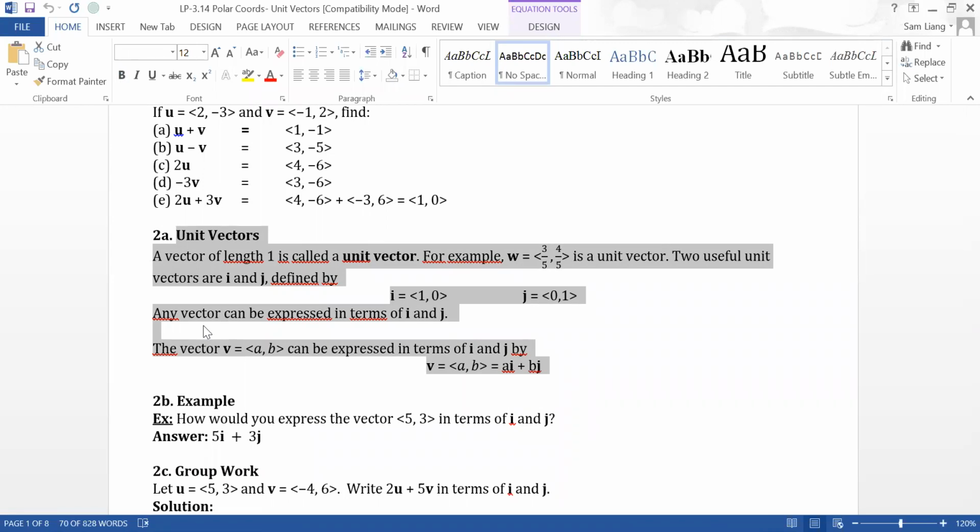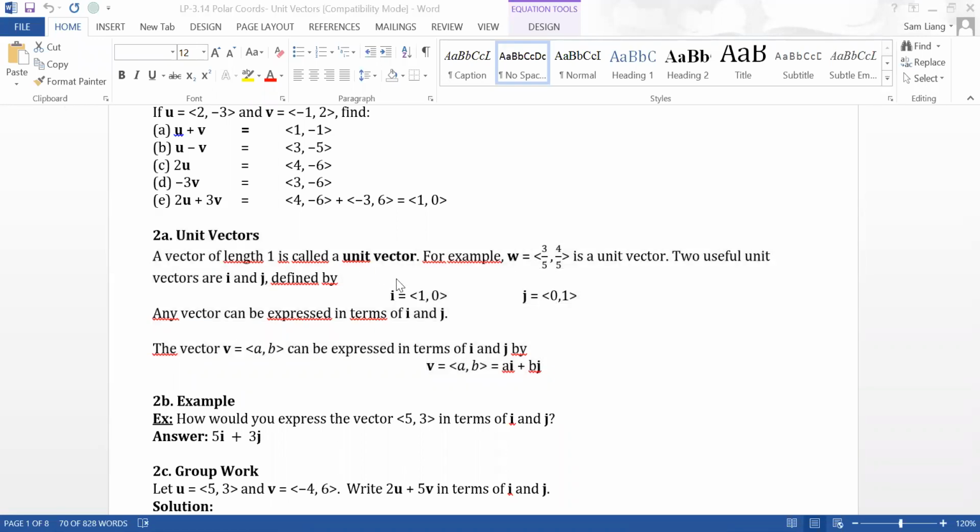Two useful unit vectors are i and j, defined by i = 1, 0 and j = 0, 1. Any vector can be expressed in terms of i and j. The vector v = a, b can be expressed in terms of i and j by v = a, b equals ai plus bj. Thank you for that.